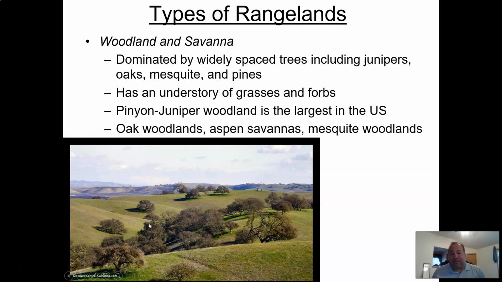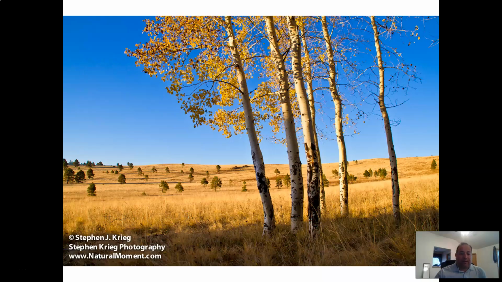More than likely, if you see a contiguous group of trees in these woodland areas, there's some sort of source of water to be able to sustain that population. Here's a picture of some aspen in the foreground, but then in the background you've got some pinyon pines.